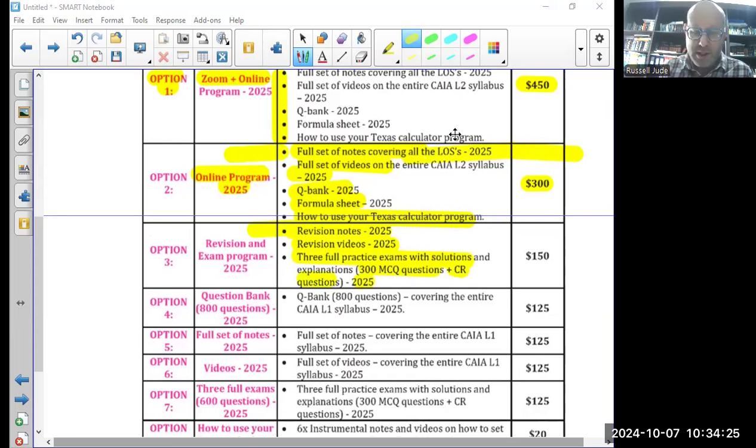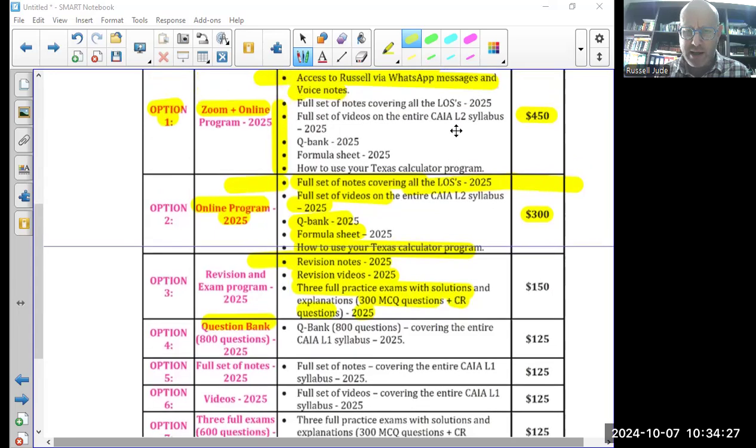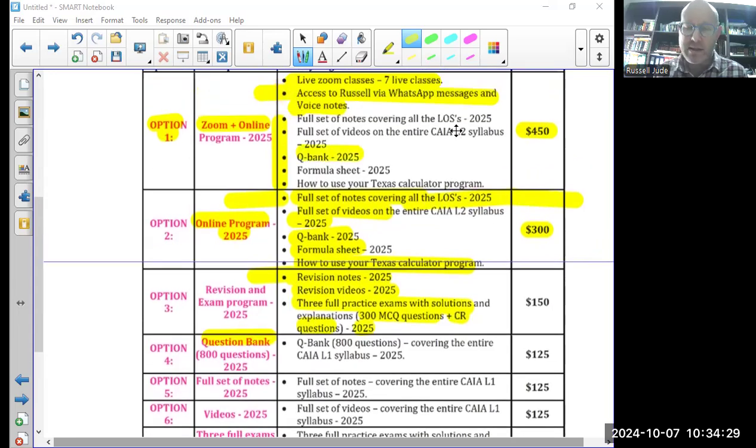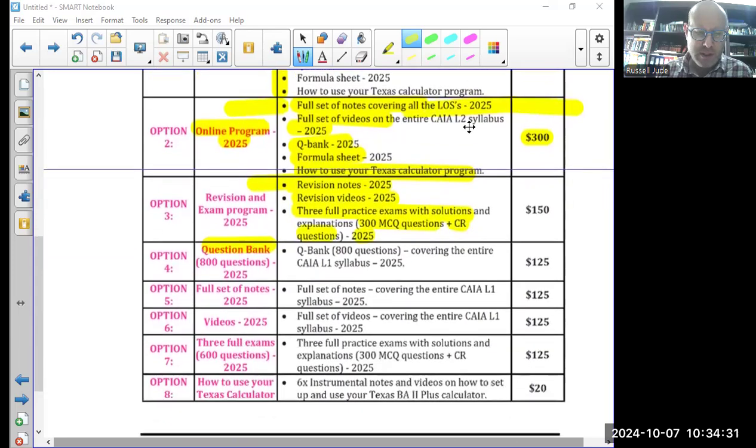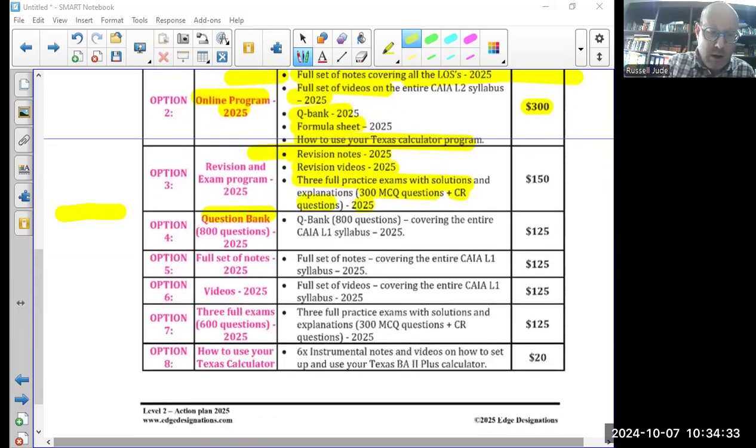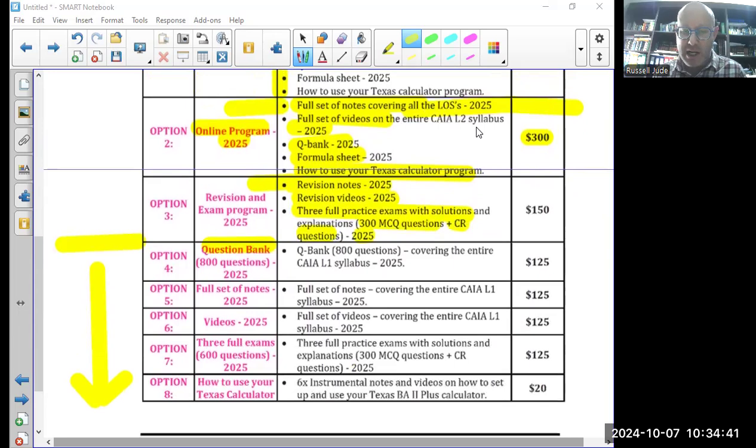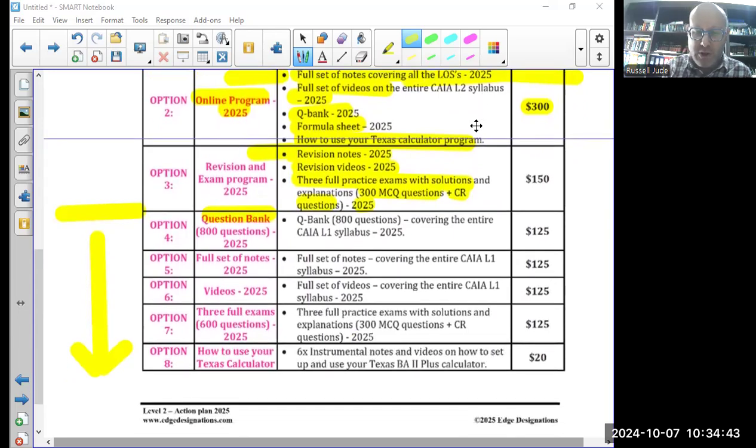Option number 4 is a question bank, and you say, but question bank, didn't you say question bank here? Yes. Everything from option 4 onwards or downwards, call it what you wish, are all a la carte. In other words, what does that mean? That means if you buy the online program, what do you get with it? Well, you get the question bank, which of course covers the whole syllabus, about 800 questions.